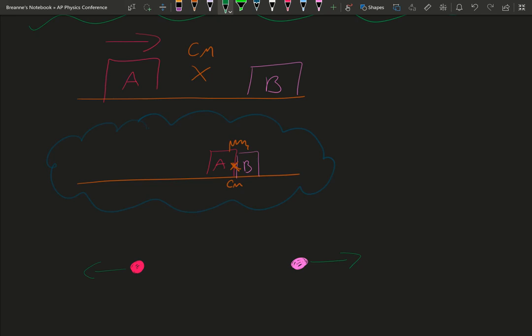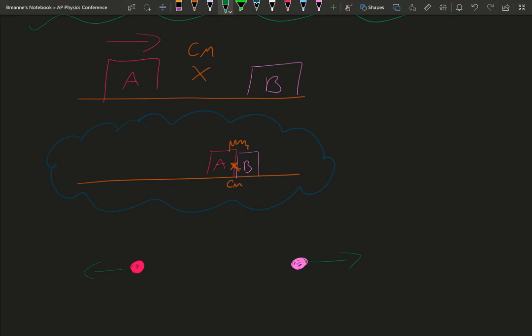So part 2. During the time that the blocks are in contact, describe whether the center of mass of the two-block system is speeding up, slowing down, or staying the same. Then you select which one, and you're supposed to give a brief explanation why.